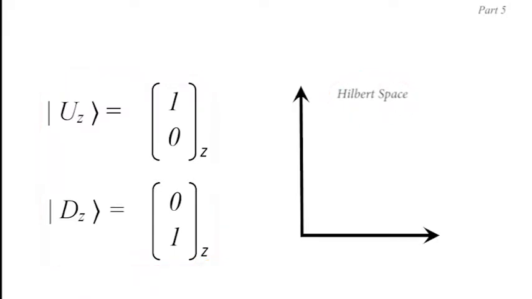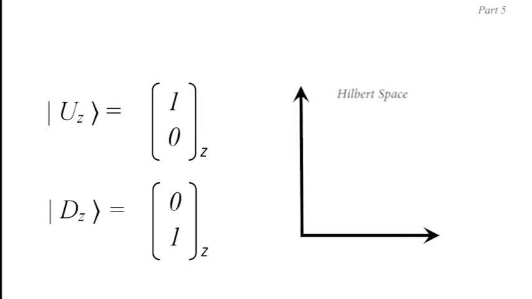It's very easy to show that they are orthogonal to one another simply by taking what we might call the dot product of them. In other words, by multiplying the up state by the down state. If the answer to this product is 0, then the two states are orthogonal in Hilbert space.